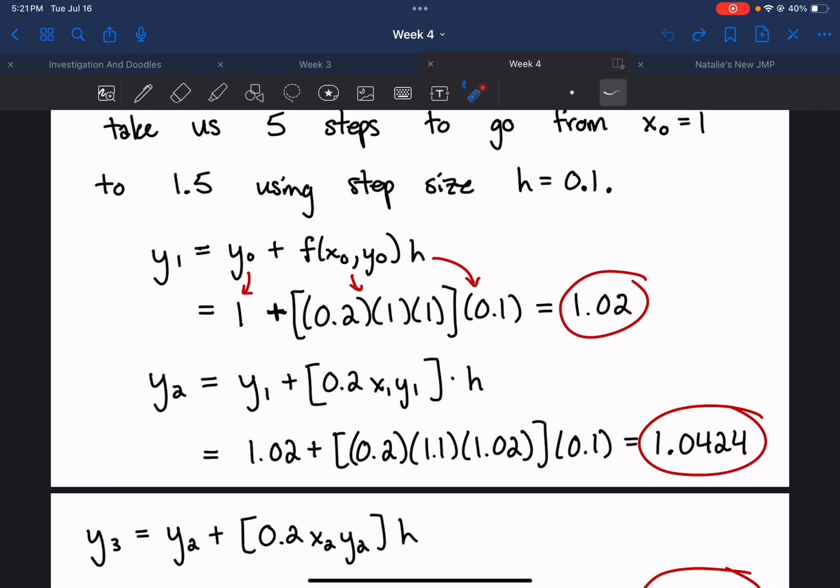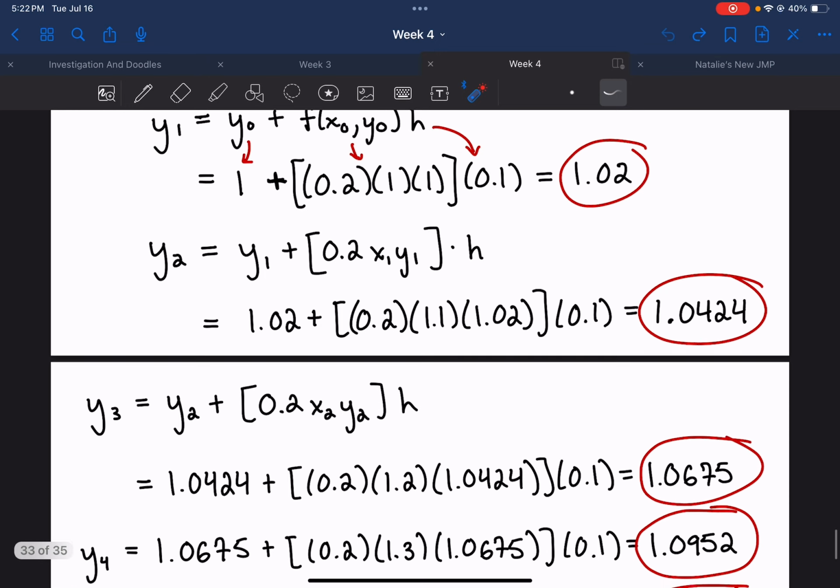So again, y1 is 1.02, 0.2 x1 y1 times h, again 0.1. This gives me my second point estimate, y2, 1.0424.